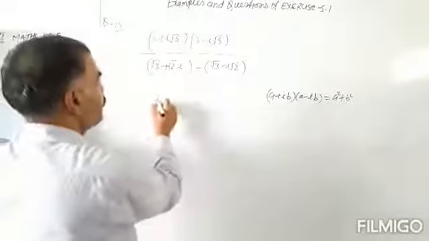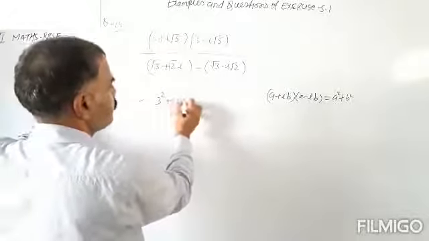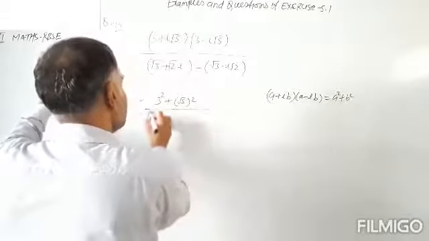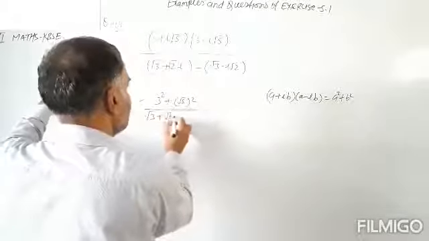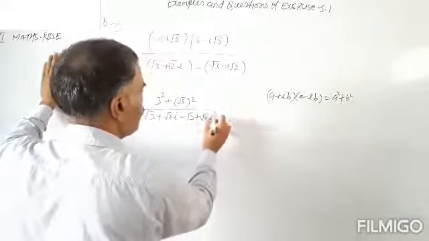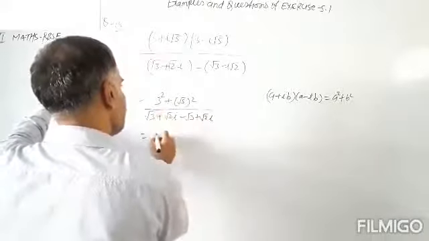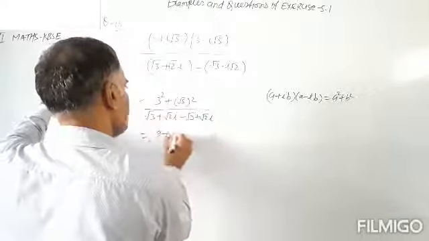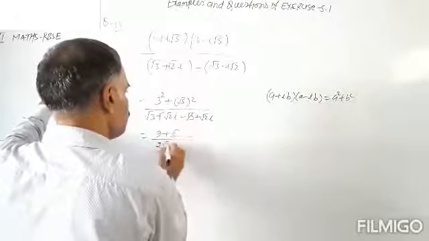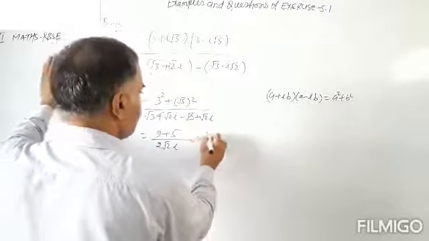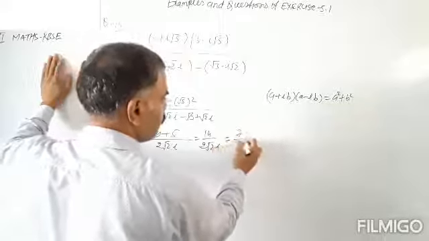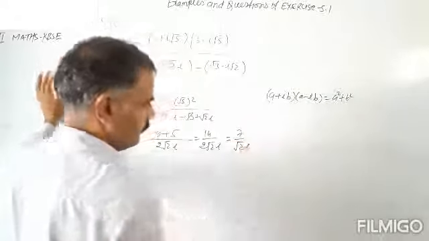So this is 3 square plus under root 5 square divided by under root 3 plus under root 2 iota minus under root 3 plus under root 2 iota, equal to 3 square 9 plus 5, upon under root 3 cancels, 2 under root 2 iota. So 14 upon 2 under root 2 iota means 7 upon under root 2 iota.